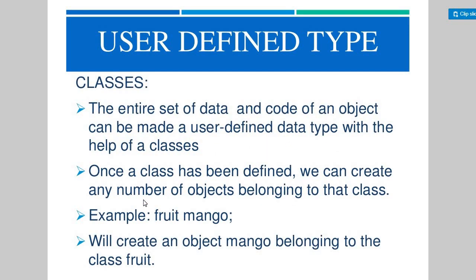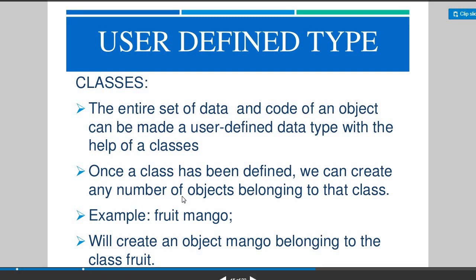Now classes. The entire set of data and code of an object can be made a user-defined data type with the help of a class. It is the basic entity of object-oriented programming, the building block of object-oriented programming in C++. Once a class has been defined, we can create any number of objects belonging to that class.